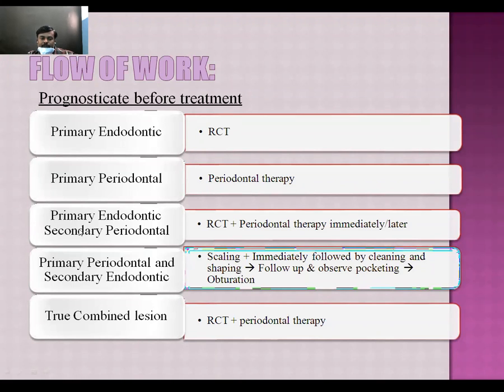Combined lesions, whether primary endodontic with secondary periodontal or primary periodontal with secondary endodontic, should always be treated with root canal treatment followed by periodontal therapy.